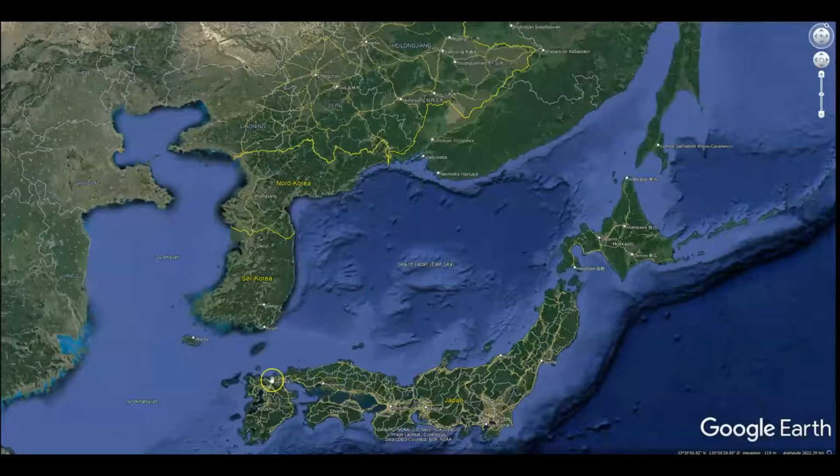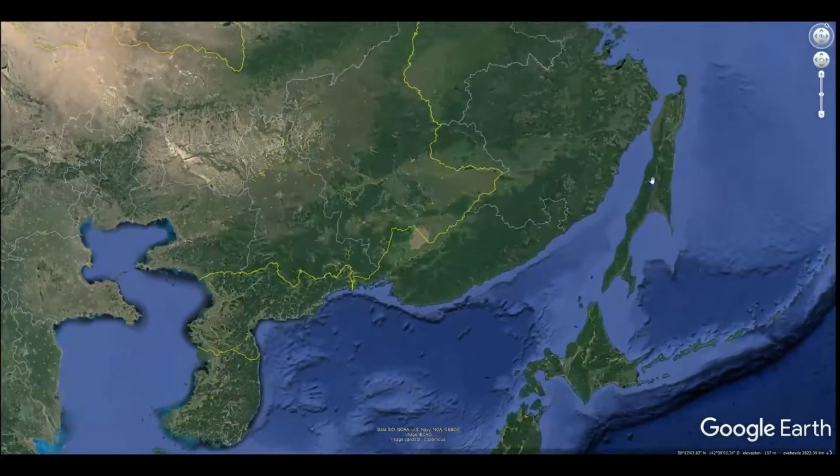Basically, if we want to link Japan with the mainland of East Asia, you can either use what we just talked about, from Fukuoka to Busan, using these two islands. Or I think you can also have another option, that you can cross in this part, and further link it to Russia.